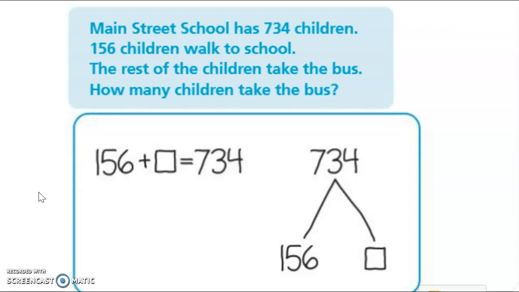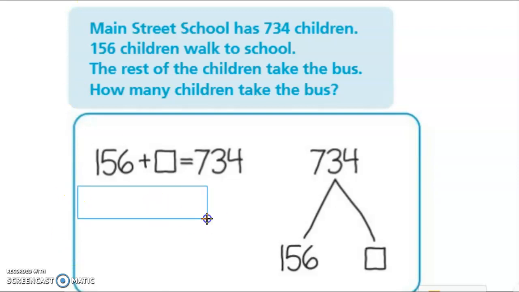So I want you to try to do the adding up method first on your own in your notebook. Remember, you're going to start with 156, so you're going to have to write it off to the side. And then you are adding up to the closest 10. So if it was me, I would add up to 160 to get me started.